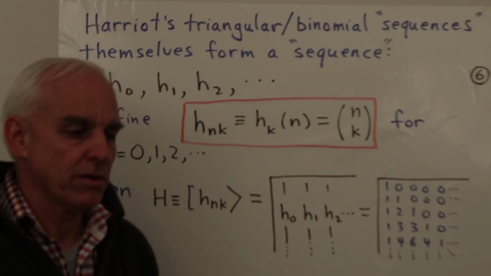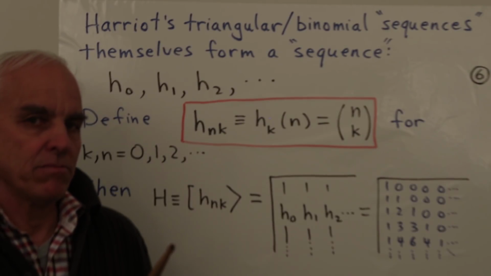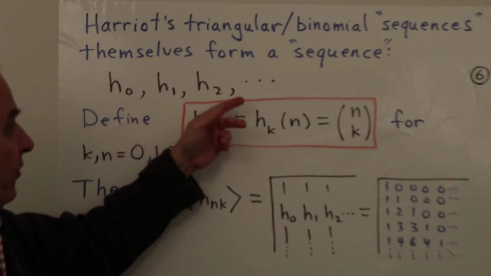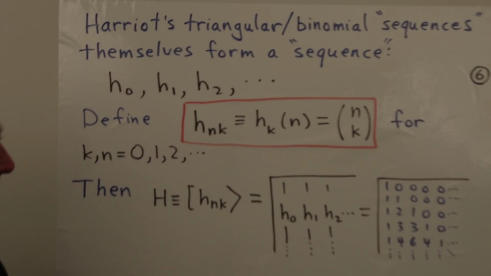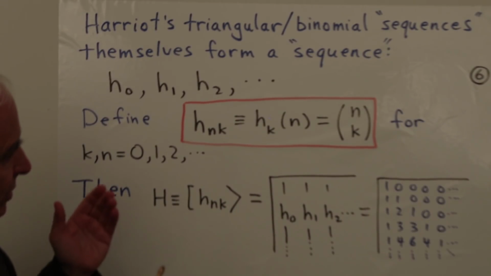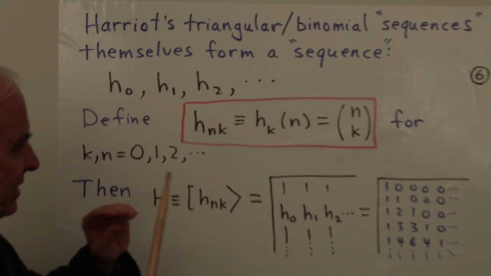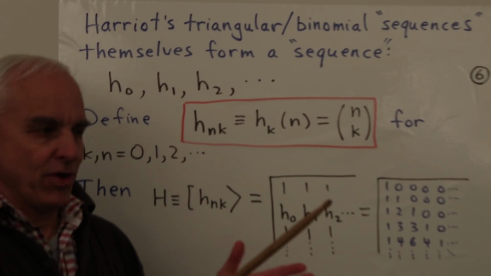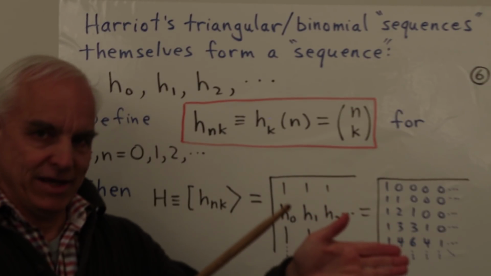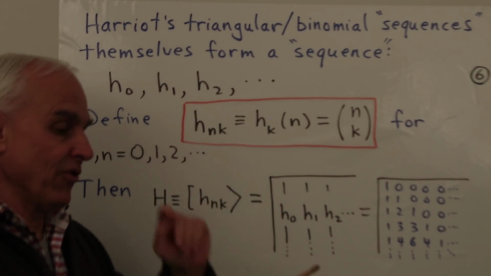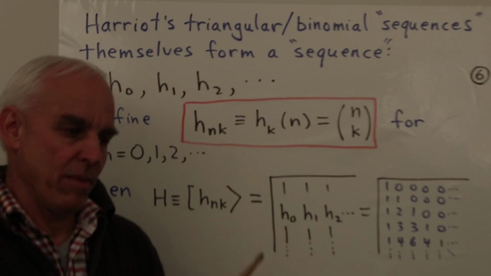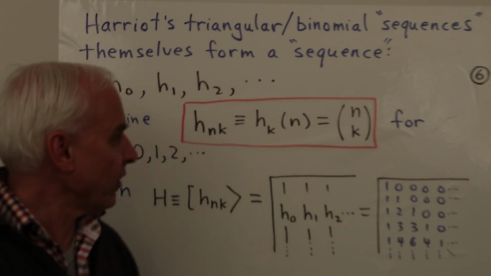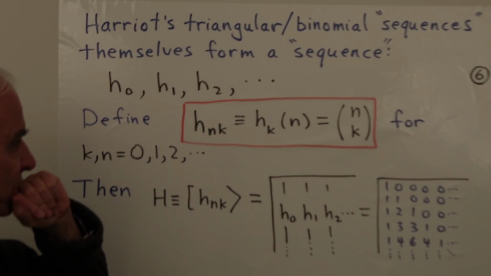And these are all sequences generated by polynomials in n of degree 0, 1, 2, and so on. It's useful to give some notation here which brings together the sequence aspect of these sequences with the role they play in this larger matrix that they form. So let's introduce the following notation.